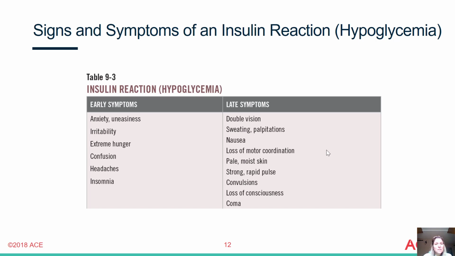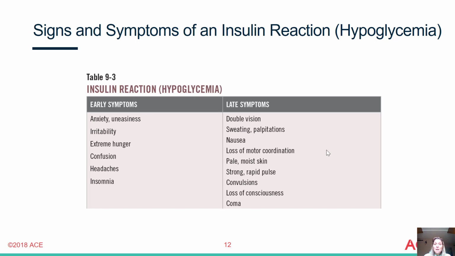As a group fitness instructor, for example, I always keep little packages of fruit snacks in my bag. So if I do have a person experience hypoglycemia or low blood sugar, they can simply ingest that quickly, and that will raise their blood sugar levels rather quickly.